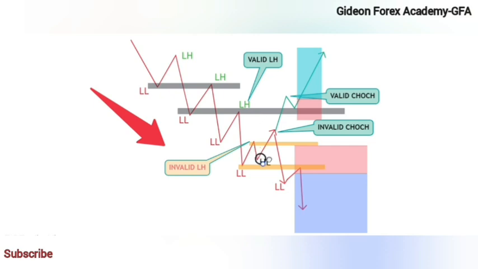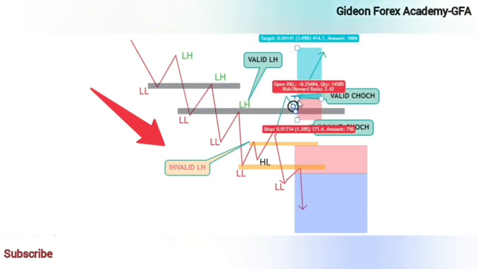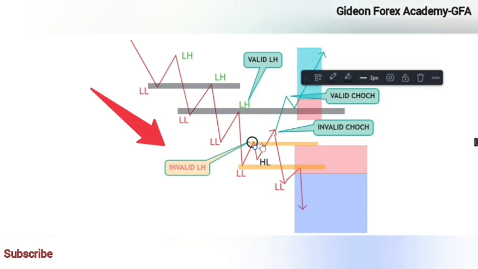Because after this swing high, there was a higher low created, okay, which created this fake breakout here that induced some traders to be buying, thinking this is a valid change of character to the upside, okay? They were too early, okay? They had to wait for a breakout here, break above the valid lower high, before they could buy after a retest in lower time frames.